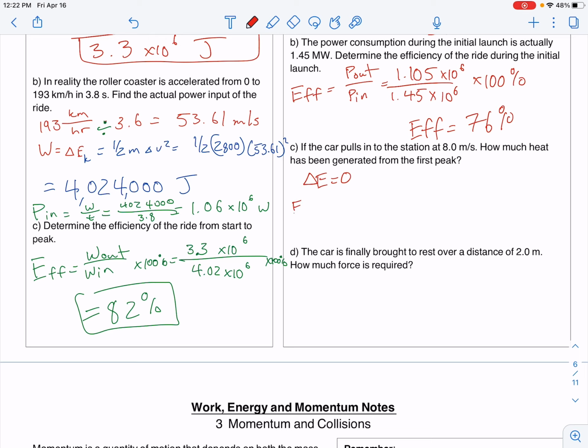I know that my initial energy is my kinetic energy plus my thermal energy. Another way to say that is my thermal energy is going to be my initial energy minus my final kinetic energy.